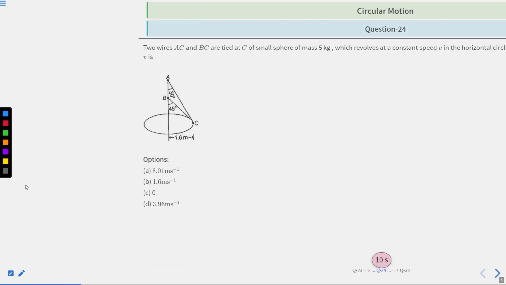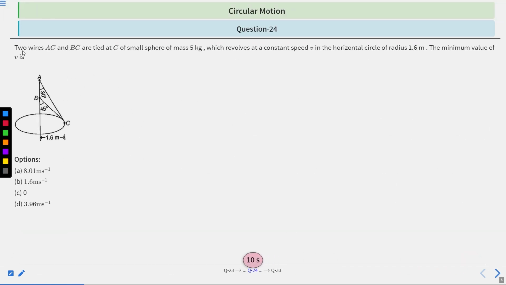Next, question 24. Two wires AC and BC are present here, holding a small sphere of mass 5 kg, which revolves at constant speed v in a horizontal circle of radius 1.6 meter. The minimum value of v is what?